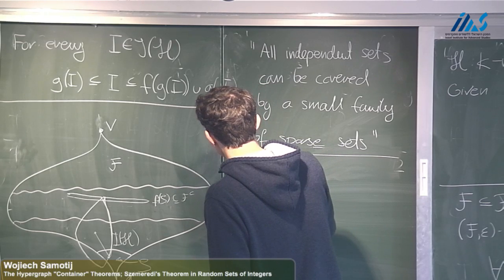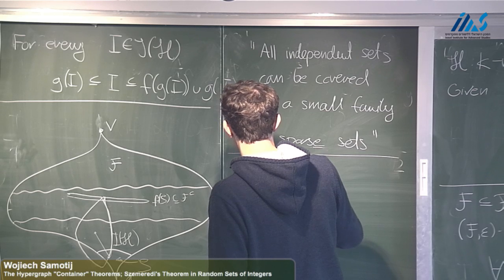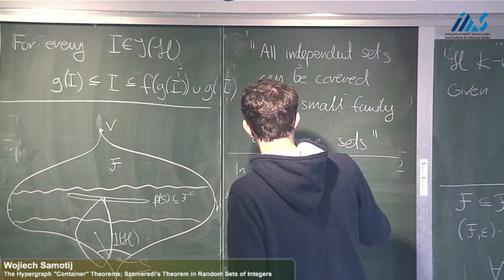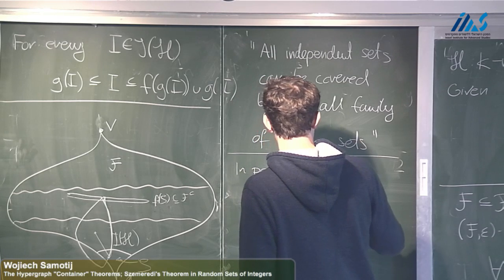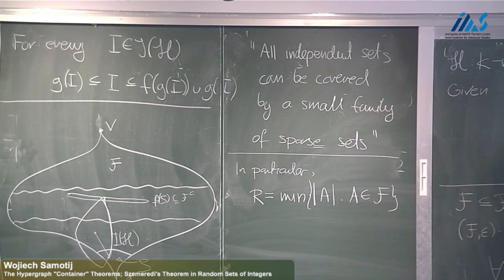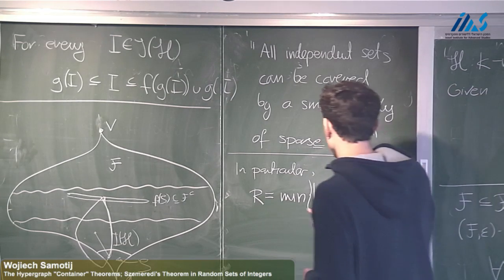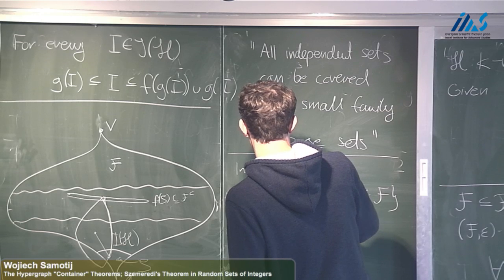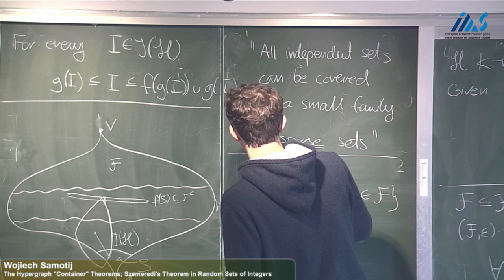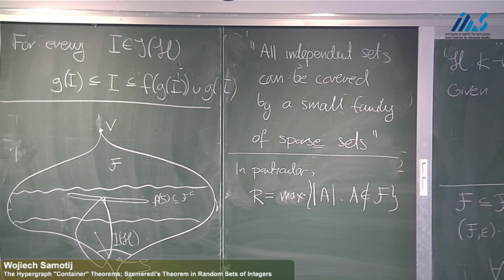Let's take R to be the minimum size of a set A over all A in F. I mean, the maximum over all sets which are not in F. So let's look at the largest set which is sparse.